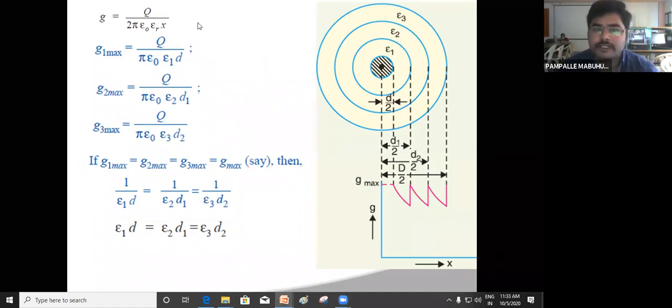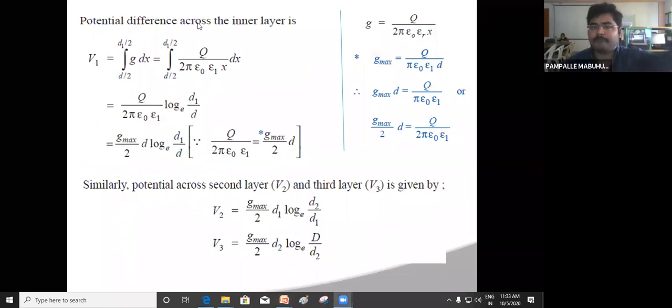Right. So now you calculate the potential difference across all three layers. First calculate the potential difference across the inner layer. Inner layer in the sense you have to consider only the first layer.